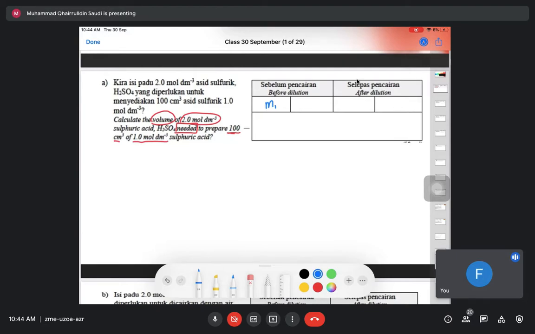This is a dilution question, so we will use the formula M1V1 equal to M2V2. You have to identify our M1, V1 and M2, V2. Needed is our keyword here. Needed is before, so this is our V1 and this is our M1.